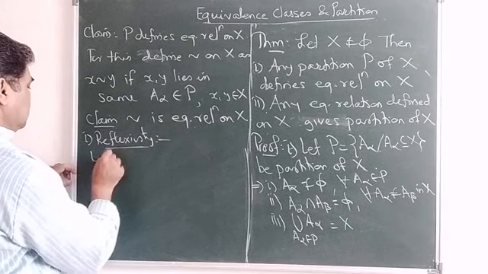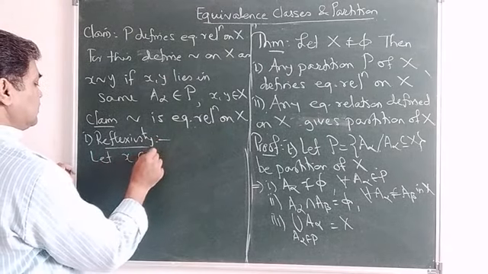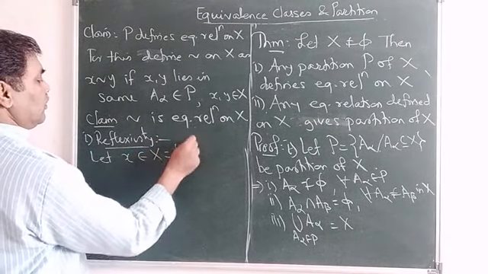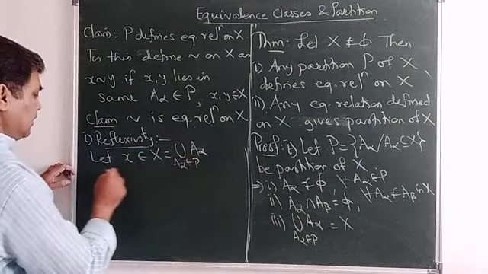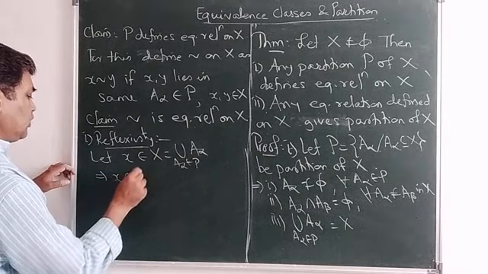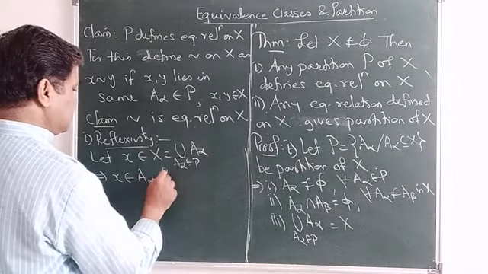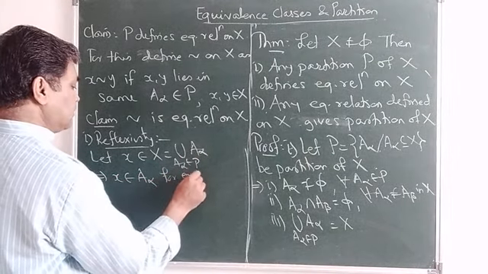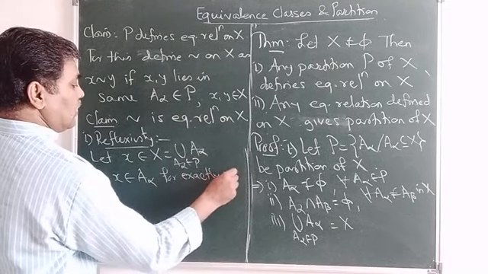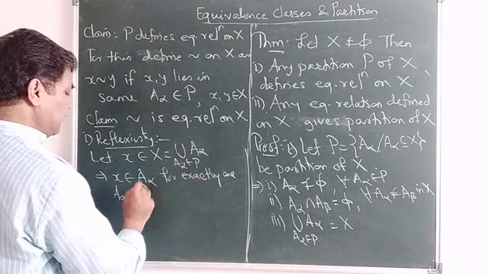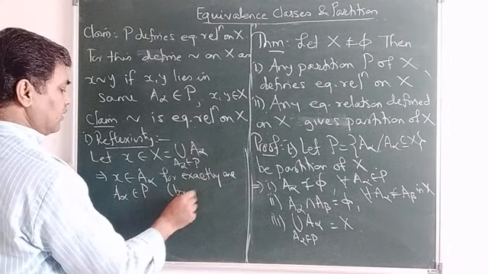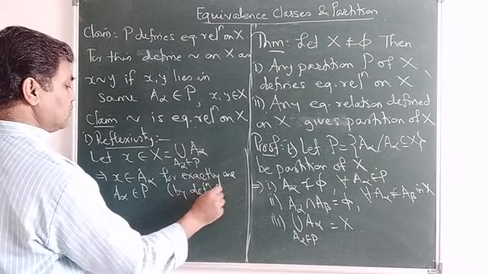So let x belong to X, where X is equal to the union of the A alphas, with A alpha belonging to P. This implies x belongs to A alpha for exactly one A alpha, and that A alpha belongs to P by the definition of partition.